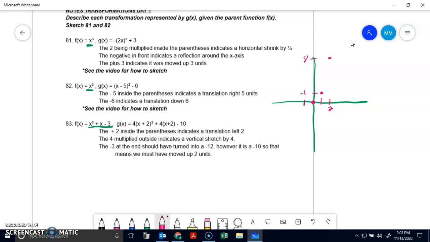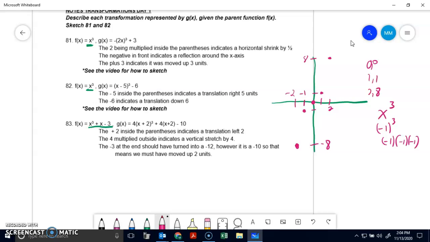But then something weird happens when I go negative 1. Well, not weird, it's just different than x squared. Negative 1 to the third would be 3 negatives multiplied. That's still a negative, so it doesn't kick back up like the parabola does. It actually goes down. And so negative 2 would actually be negative 8.